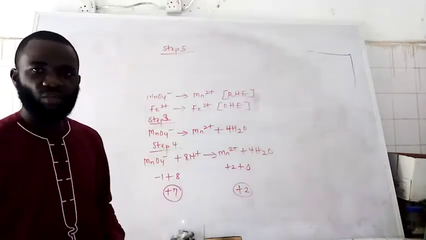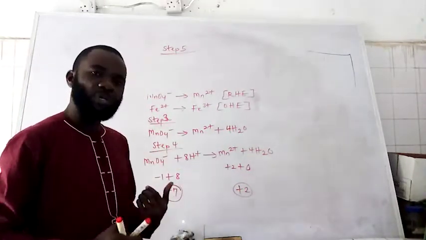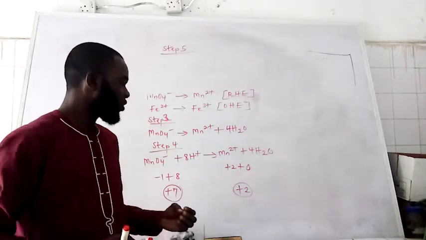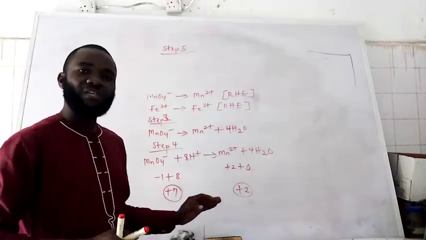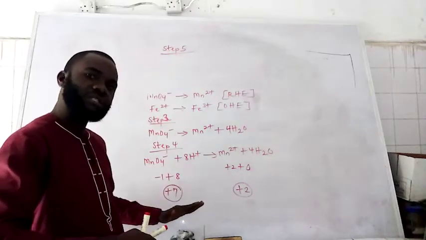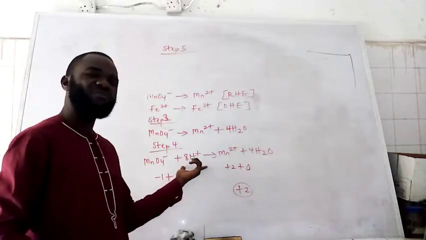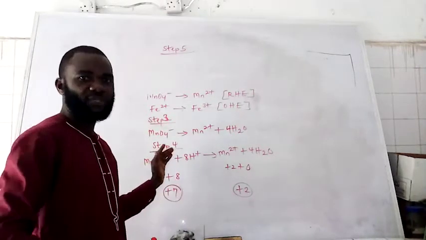For me to balance this off, all I have to do is bring in electrons. And I know that electrons are negatively charged, okay? So if I bring in 5 negative charges to this side, it will decrease this plus 7 to what? Plus 2. So that implies that I'm going to add what? 5 electrons to the left hand side.